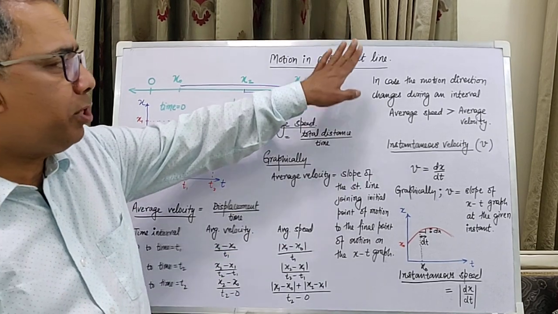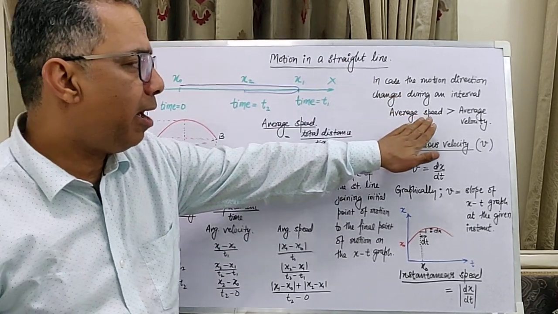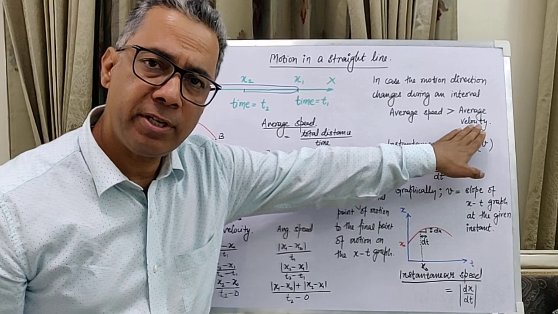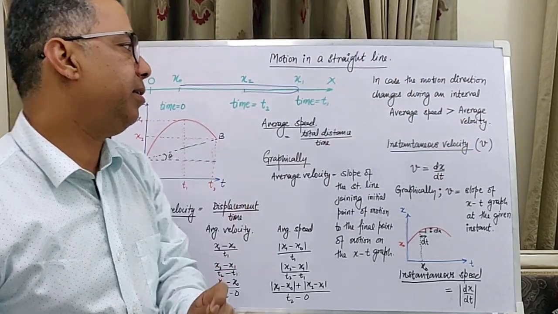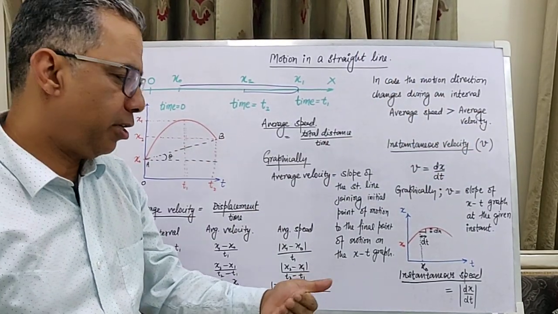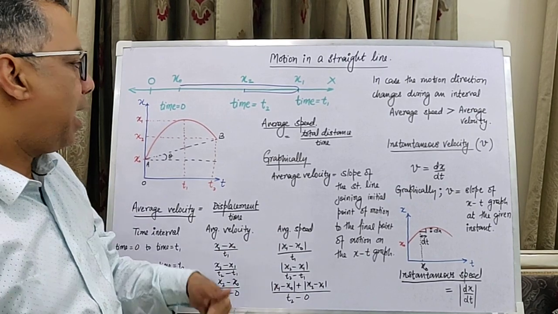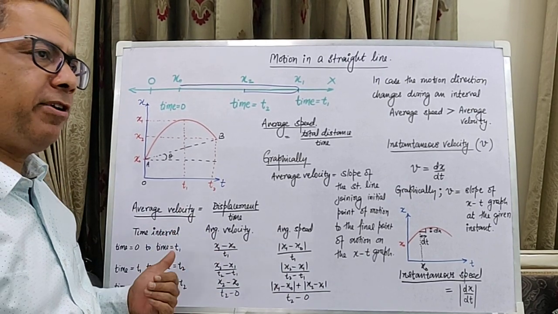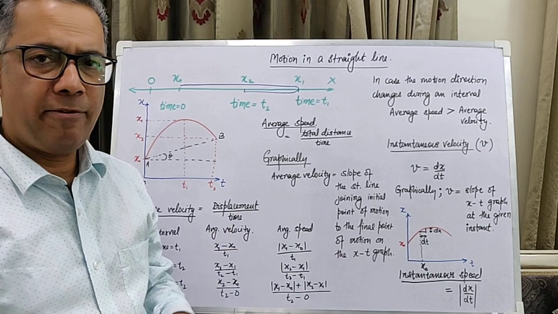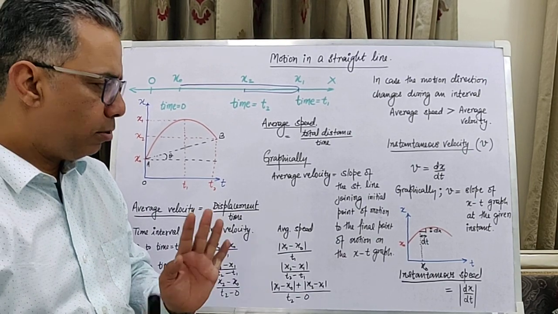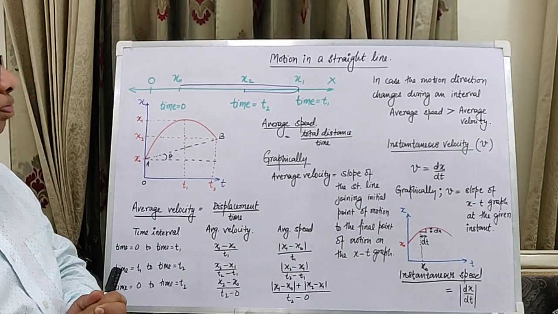So when motion direction changes, average speed is greater than average velocity. Otherwise, if there is no change in direction of motion, the magnitude of average velocity and average speed will come out to be same.